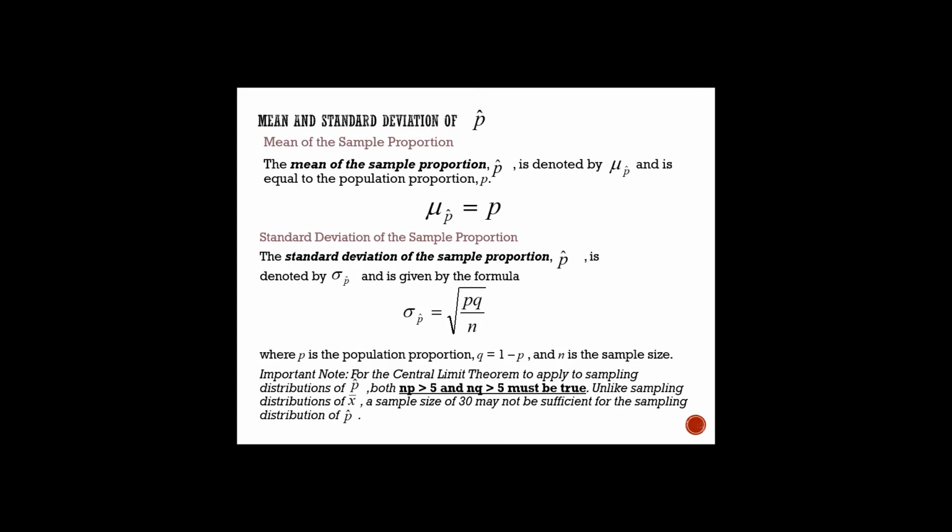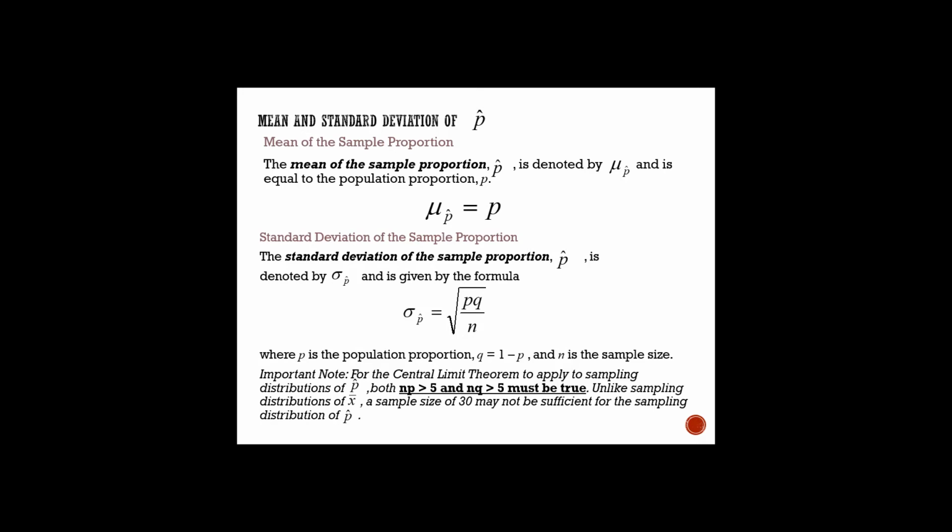The standard deviation, however, is calculated with a different formula. This time we take p times q and divide it by n, and then take the square root to get the standard deviation of p hat. How do you find P and Q? You've got to be given P, the population proportion, and Q is just equal to 1 minus P, and n is the sample size, so it's really simple to do this calculation.